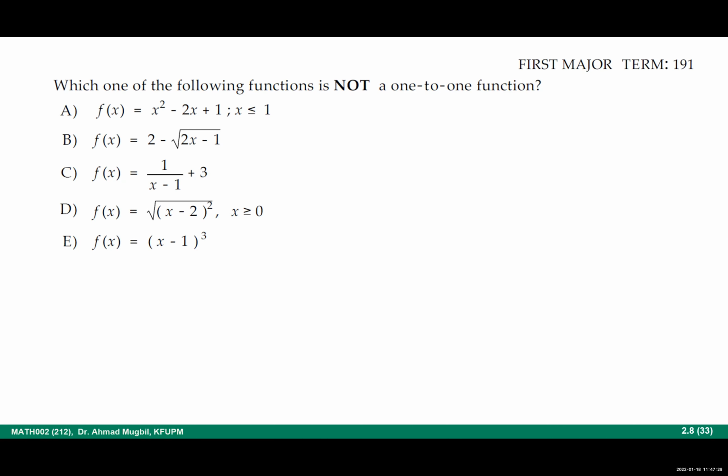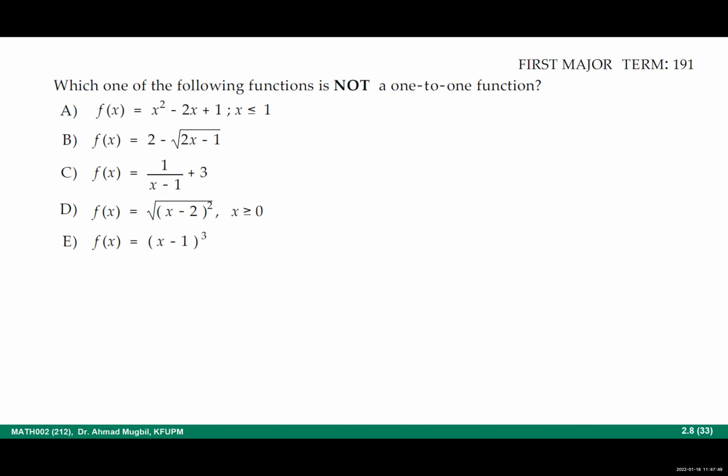Let's try in the remaining 2 or 3 minutes to solve this. Which one of the following functions is not a one-to-one function? Which one is not one-to-one?